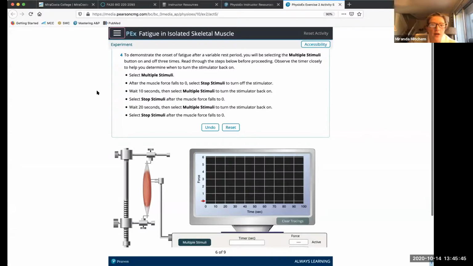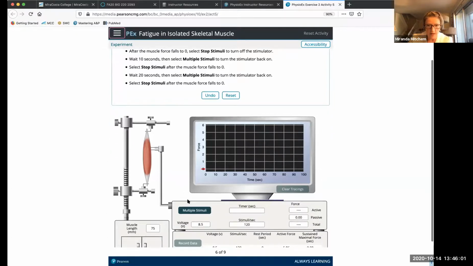So now we're going to look at our different conditions finally. We were going to look at multiple stimuli. After the force falls to 0, we hit stop, and then we wait 10 seconds and then hit multiple stimuli again, and then stop it, and then wait 20 seconds. Okay, here we go. So the first wait is 10 seconds. The second wait is 20.